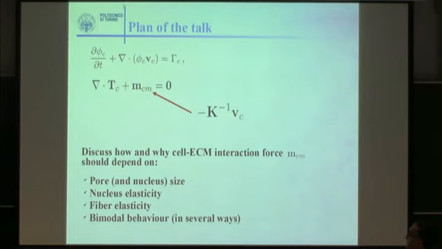The plan of this lecture is instead to see in a little more detail why and how this term should depend on many microscopic features, namely the pore size, the nucleus size, the elasticity of the nucleus, the elasticity of the fibers, and then why the ensemble of cells has a bimodal behavior.